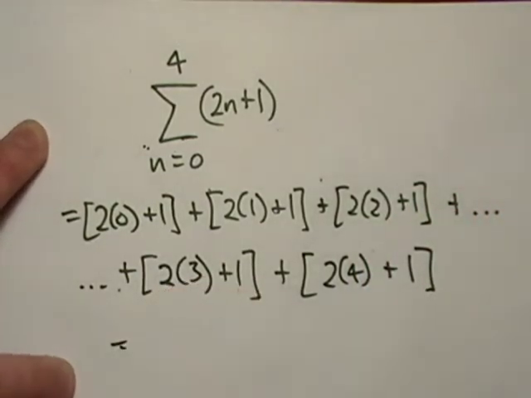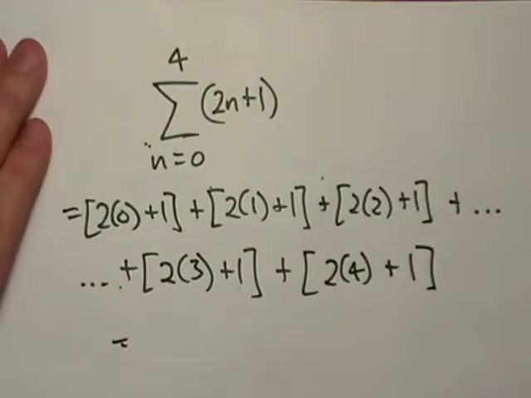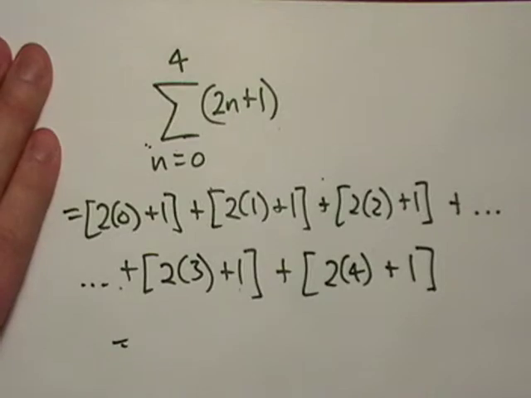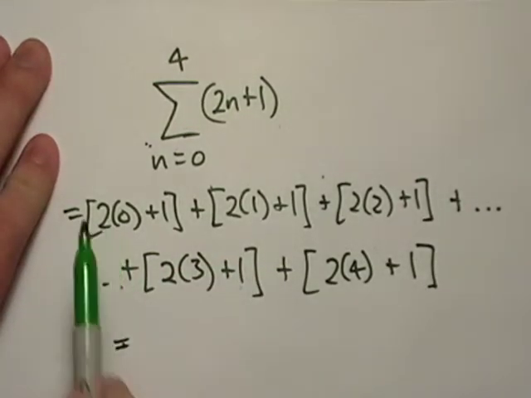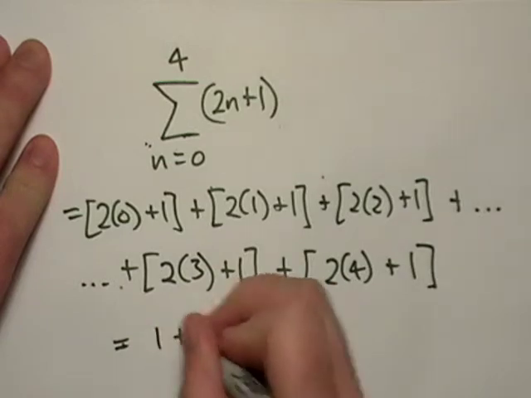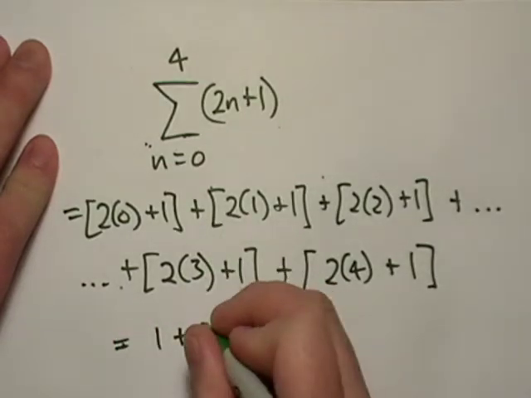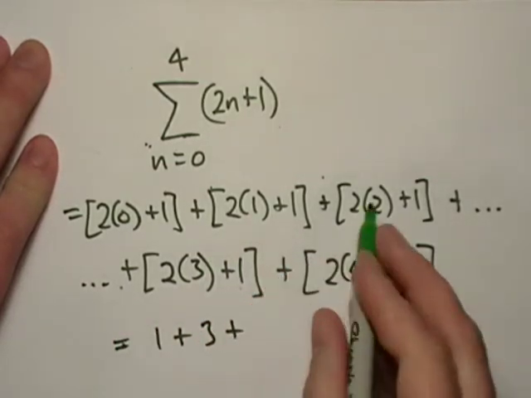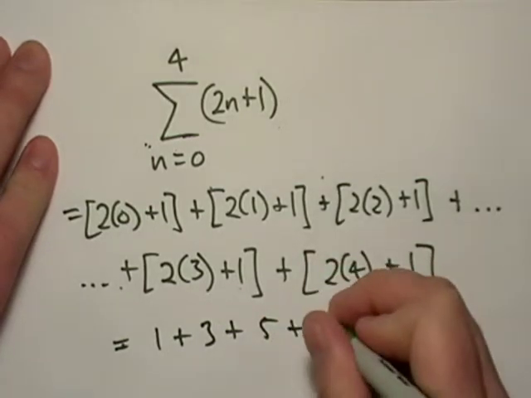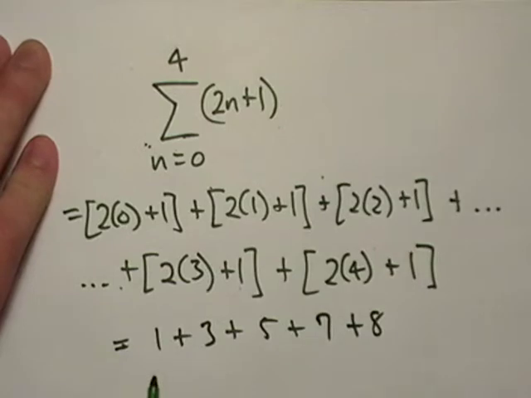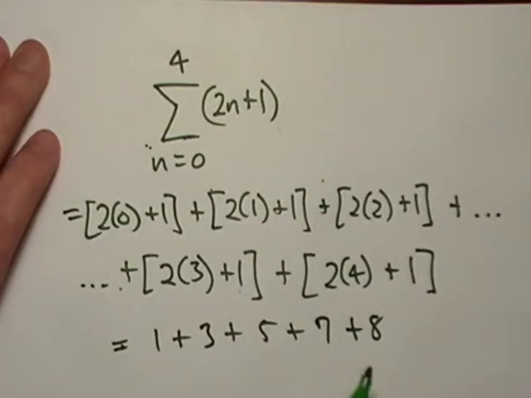Now you're starting to see that this isn't really too tough. It's mainly just keeping track of your numbers, and you might make an arithmetic error or something here. But here we got 1, plus 3, plus 5, plus 7, plus 9. Notice how this is that sequence we used in my last video.